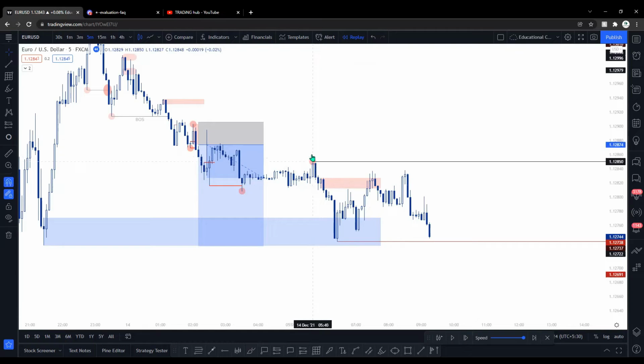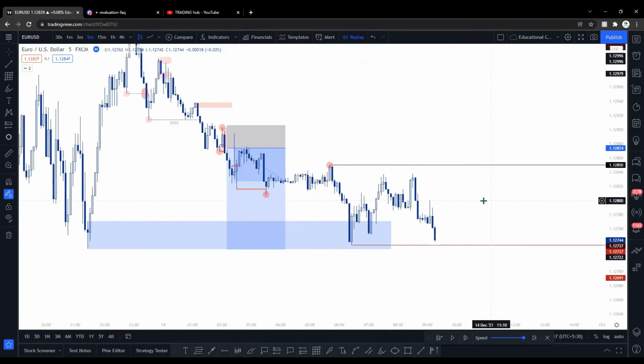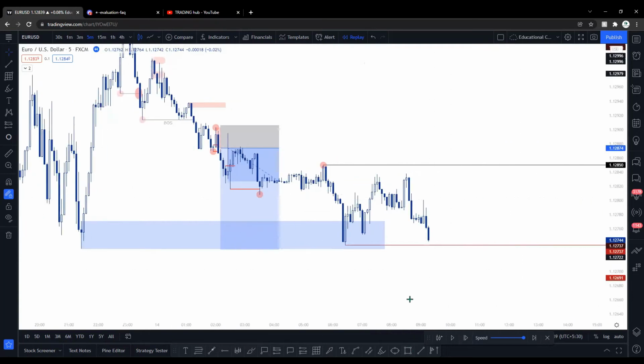Why? Because our swing structure high is here and the swing structure low is here, and this one is still not broken by this low. So we will wait for the confirmation to take another entry. If the market goes to the downside here and closes below it, then we would like to sell again.